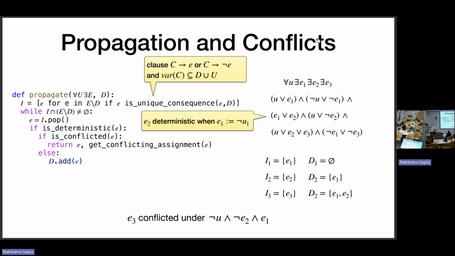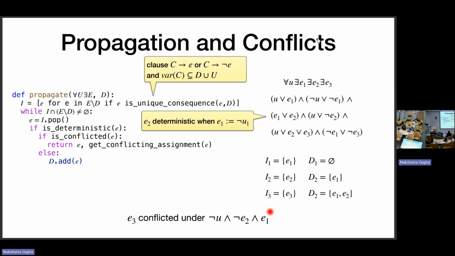And here we can verify that E3 is actually conflicted, because this assignment here, not U, not E2, and E1, is consistent with the strategy functions that we have for variables E1, E2.